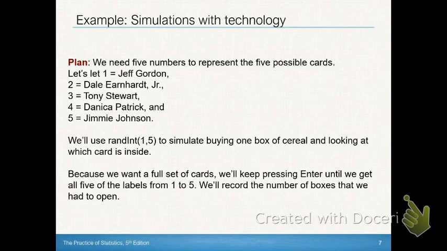So we'll put all of this into our calculator, randInt 1 through 5, and keep pressing enter and recording the results until we get all 5 of the cards. And then we'll repeat that process many times to see, on average, how many boxes we need to buy before we get one of each.